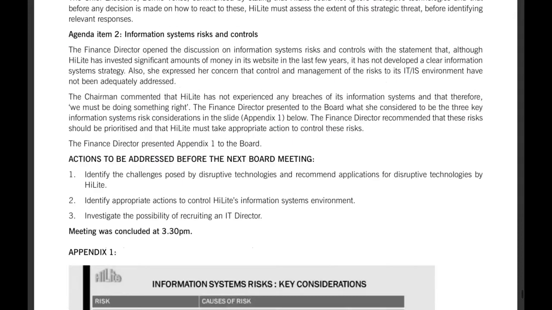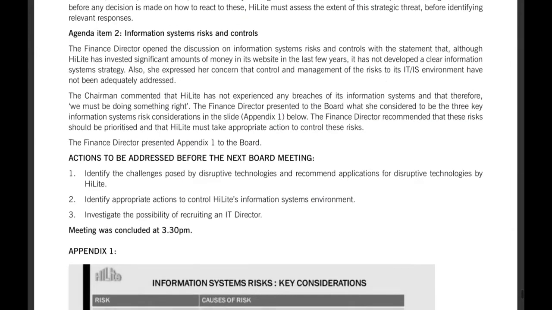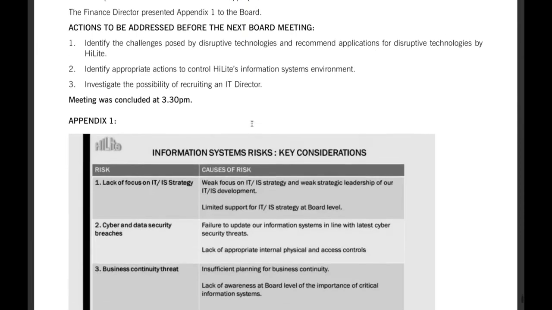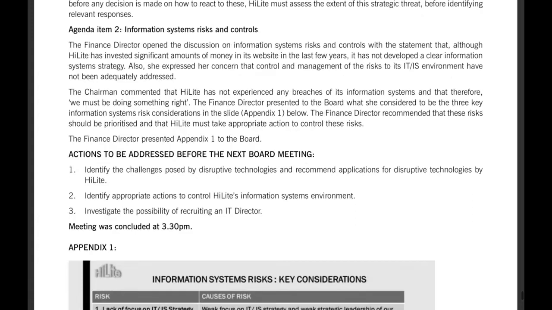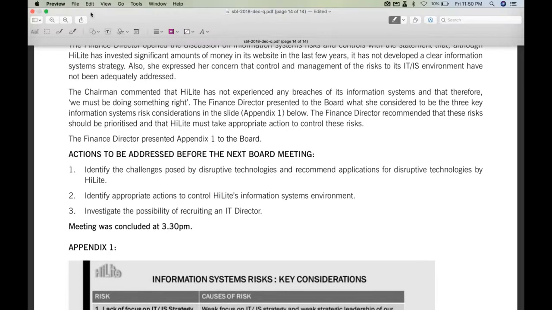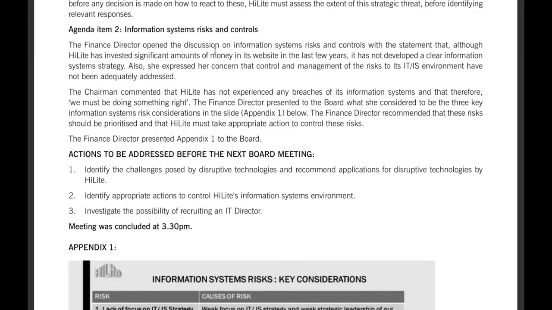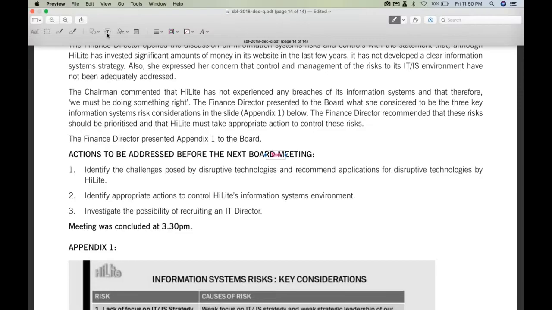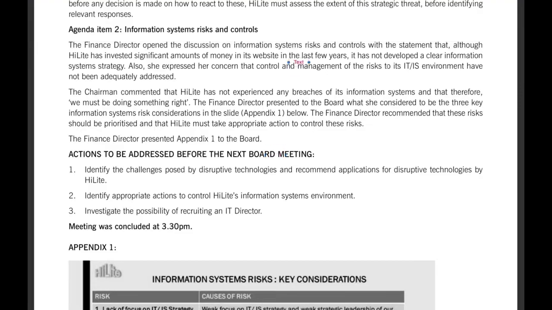And the next part that you have is the second agenda that they talk about, which is on risk. So basically this information will help you to answer question 3B.